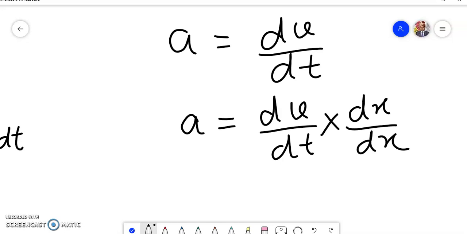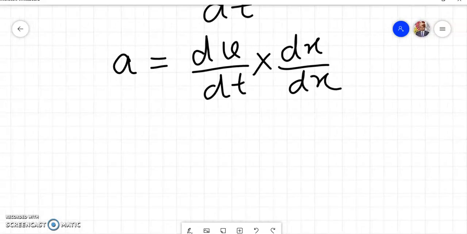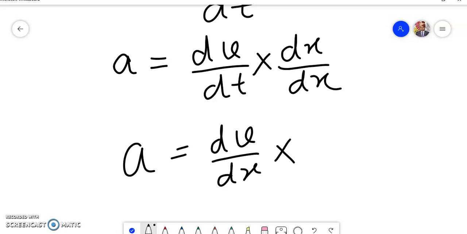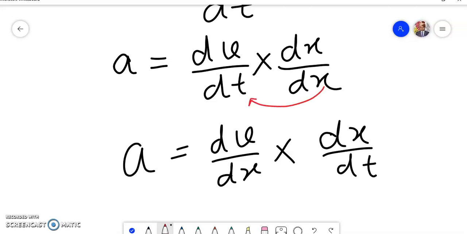I have just multiplied by dx and divided by dx. So this a will be dv by dx into dx upon dt. What I have done, I have placed this dx here and this dt here.